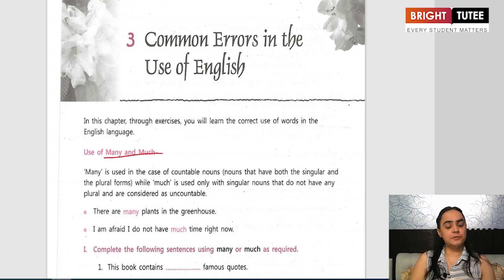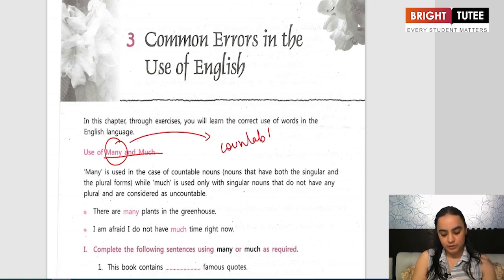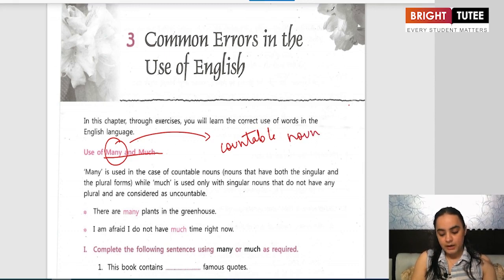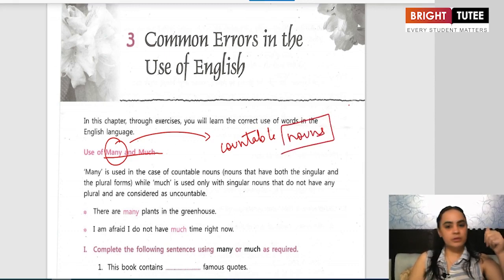The first set of words that we have is many and much. We have to remember that many is used for countable nouns. First of all, we all know what a noun is. A noun is the name of a person, place, animal, or thing.